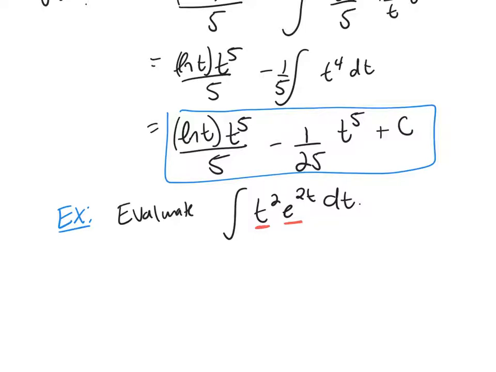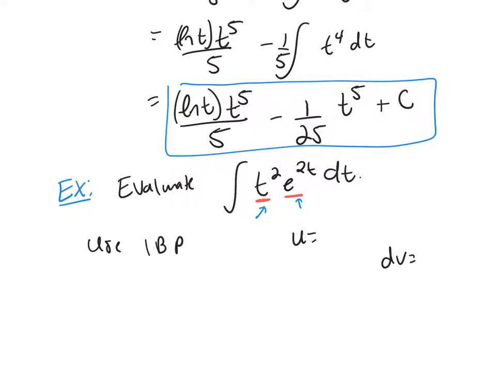So we're going to use integration by parts here. So the e term could go in either position, but we have this polynomial here, and so we're going to put it in the u spot, because what happens when you put it in the u spot, the power goes down.